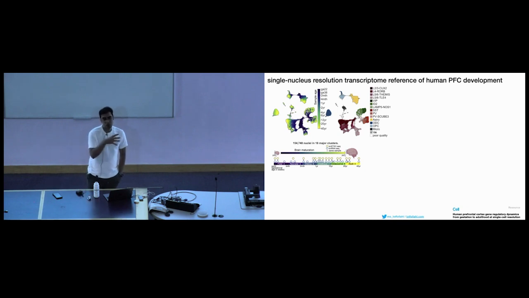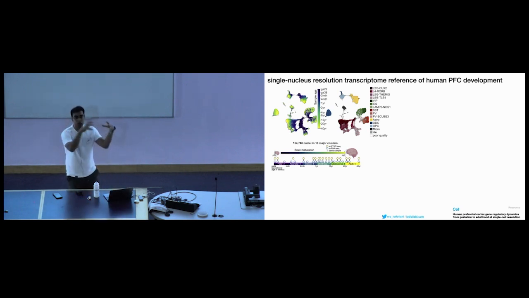They integrated across multiple gestational ages in brain development, and they wanted to study how the brain developed from very early stages toward childhood and adulthood.